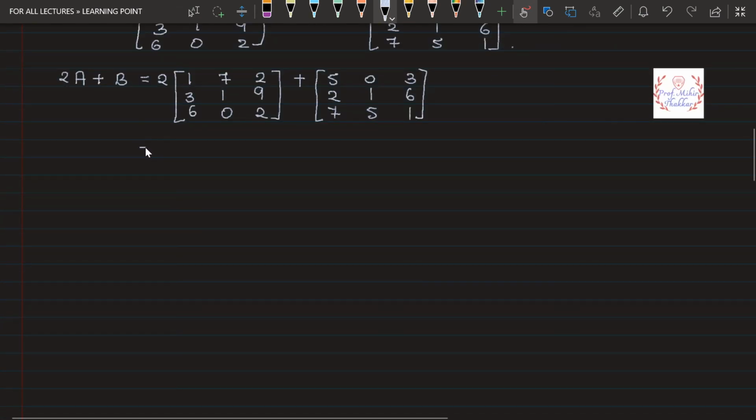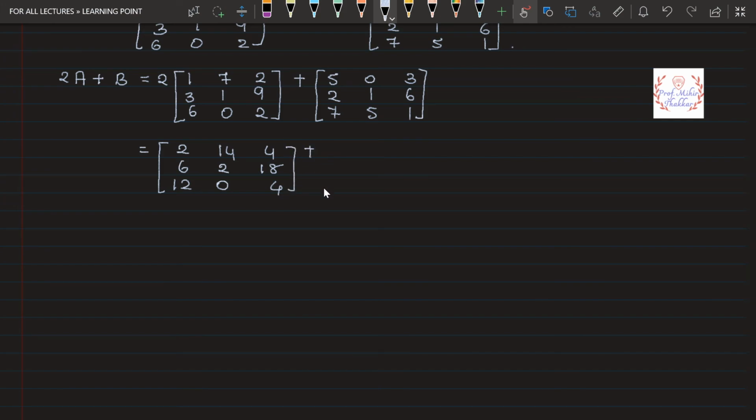Multiply all the numbers, so it will be 2 14 4 6 2 18 12 0 4 plus the same matrix 7 5 and 1.